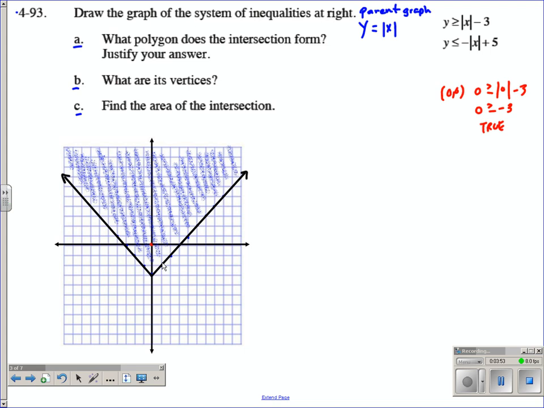So our locator point goes up 5, starting at our origin, 1, 2, 3, 4, 5. So remember, k is like 5, our h is like 0, and our a is negative 1, which means it's going to end up flipping our inequality, and it actually opens downward. So it would make this V shape.